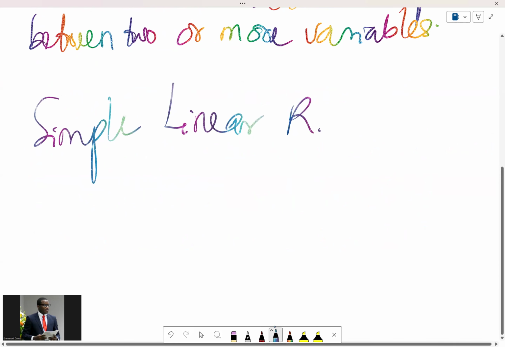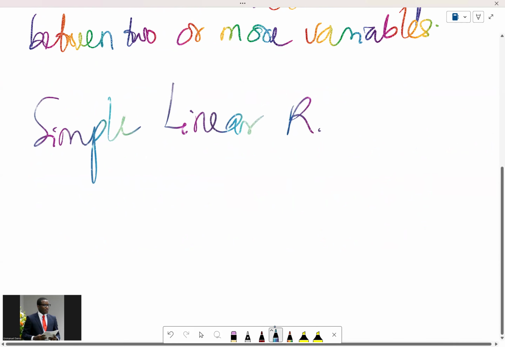The general formula of the linear regression model is y equals beta naught plus beta 1 x plus epsilon. And we need to know what each component stands for.